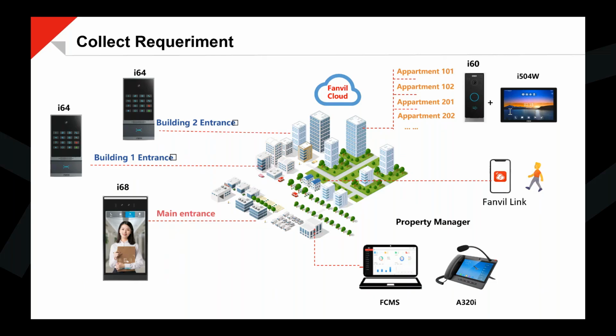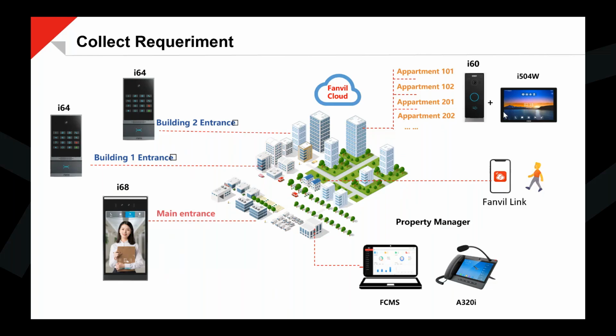I have a question. I already have an FCMS account, but no licenses are available. How do I get them? Okay, as already explained, if you have projects that include indoor stations, the monitoring devices, you don't need licenses.